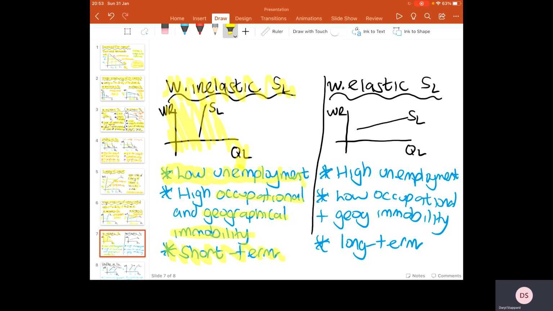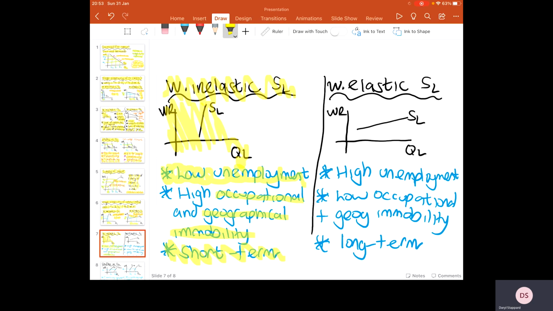Now, occupational immobility is where people lack the skills to move into new jobs in the economy. So think about what this means. If people lack the skills to move into new jobs, then they are unable to supply their labour. They haven't got the skills to be able to work in those industries. So as wage rates grow, they're still unable to supply their labour due to a lack of skills.